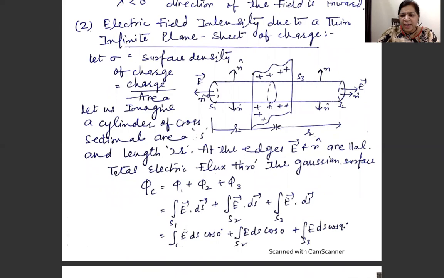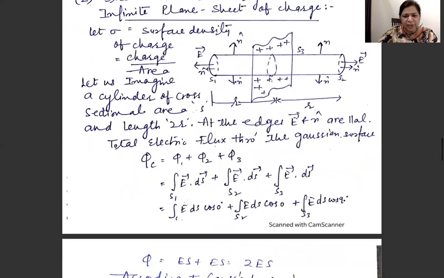At the edges, the electric field and the n vector are parallel. Now you can see where it is parallel: it is parallel at the surfaces S1 and S2, but the direction of E and n is perpendicular for the curved surface area.